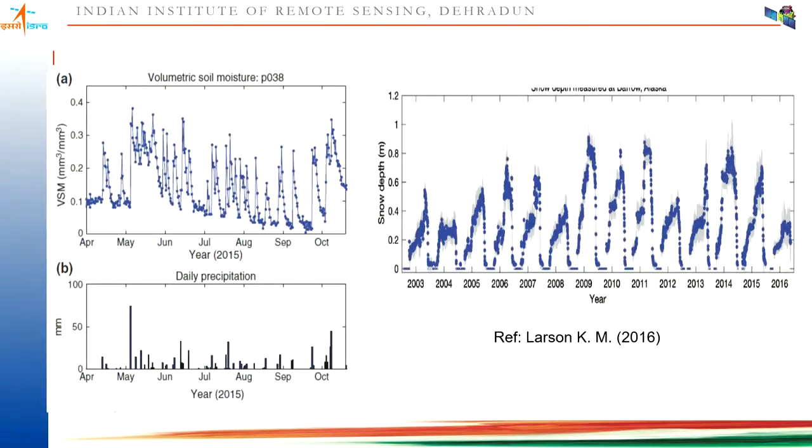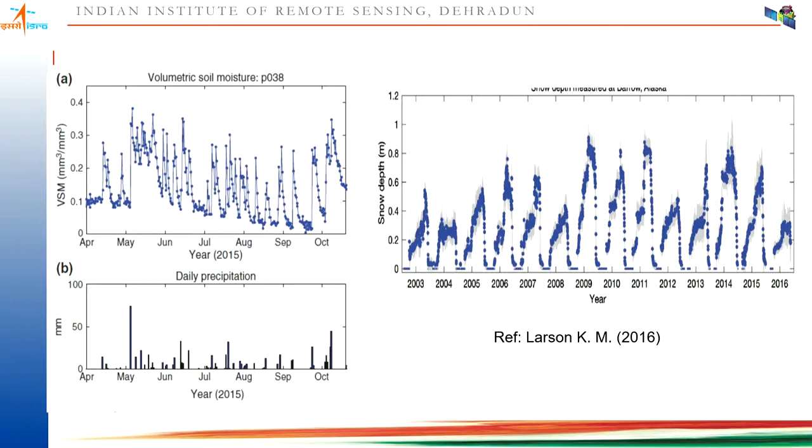These are a few results I am showing you. This is a reference from Larson, where they have estimated volumetric soil moisture, and you can see clearly it can be derived from the GPS signals. We are also estimating this.